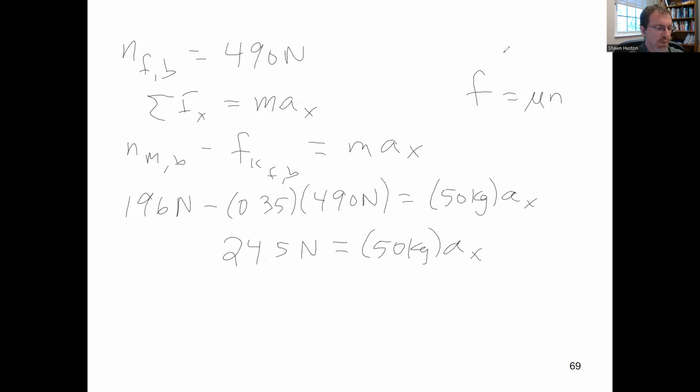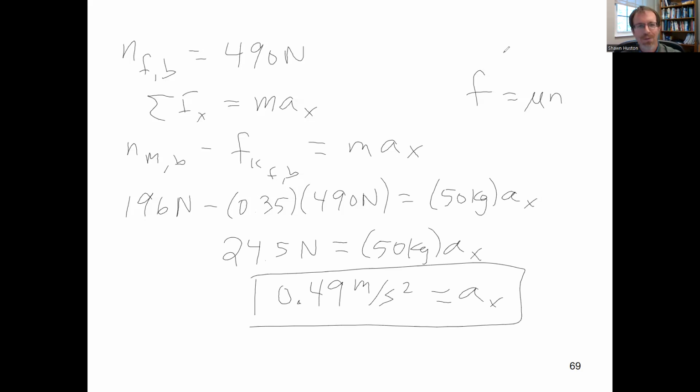If I divide both sides by 50, I get my acceleration of the box. It looks like the box has an acceleration of 0.49 meters per second squared in the X direction. And that is the answer for that.